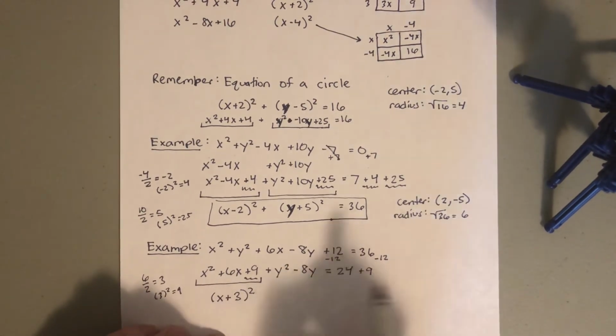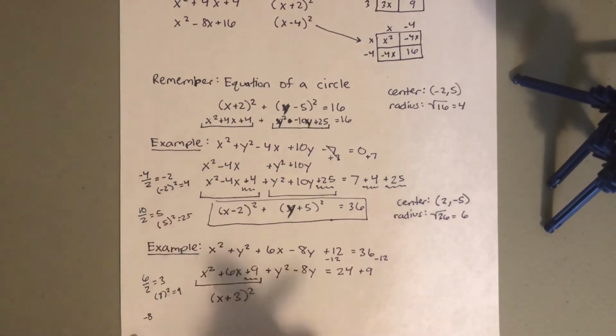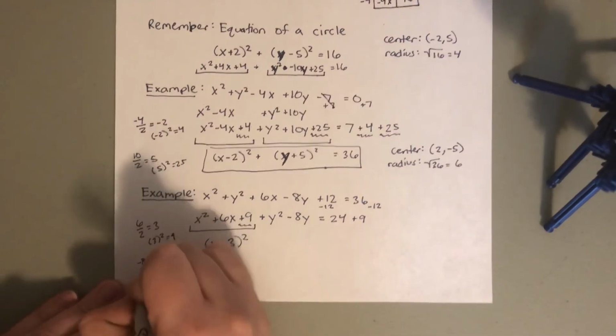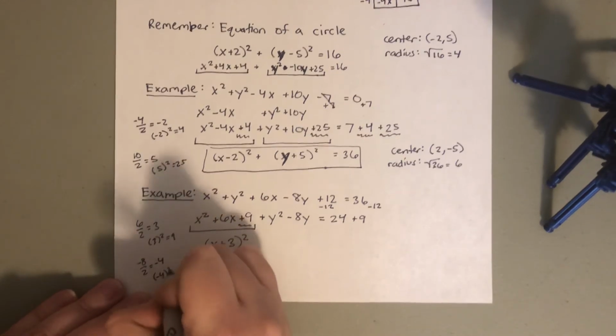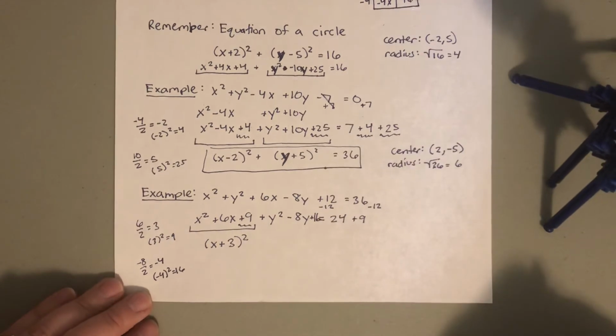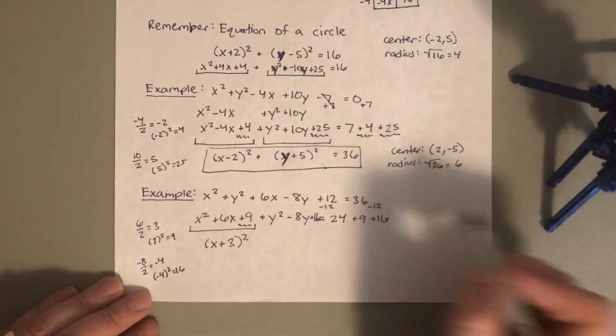Now let's try this over here. Half of negative 8, divide by 2, that's negative 4. Negative 4 squared is 16, so there needs to be a plus 16. So I also add 16 on that side.